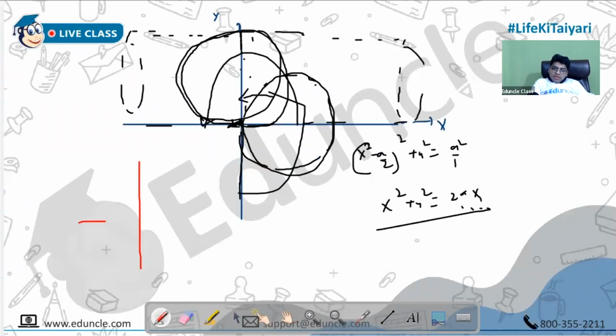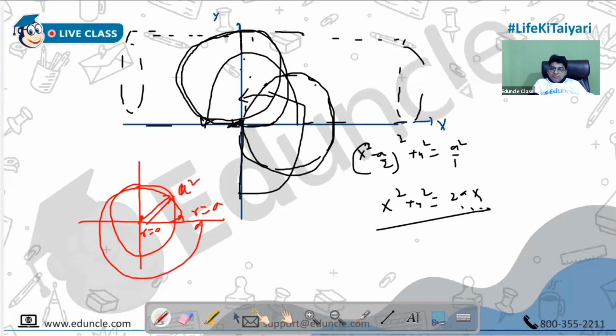And in the last problem, if the circle is like this, the answer is r is equal to 0 to a. R does not vary, r is equal to 0 to a, since x square plus y square is equal to a square, so r is equal to a, and theta is equal to 0 to 2 pi. So is it clear?